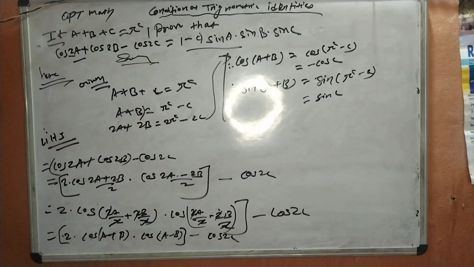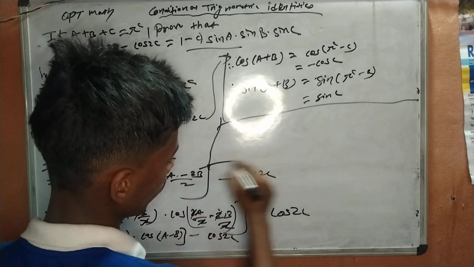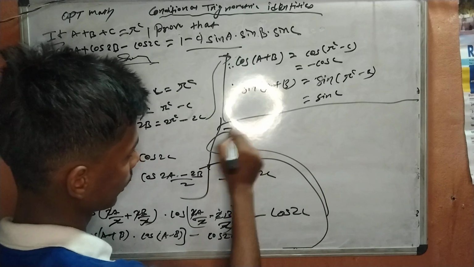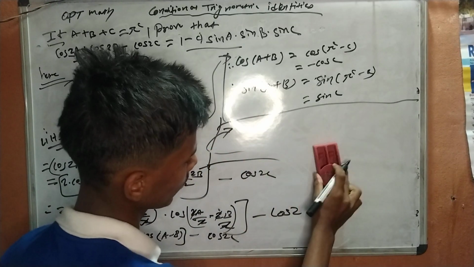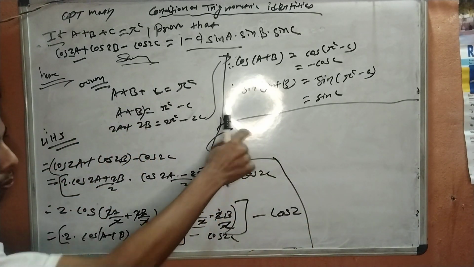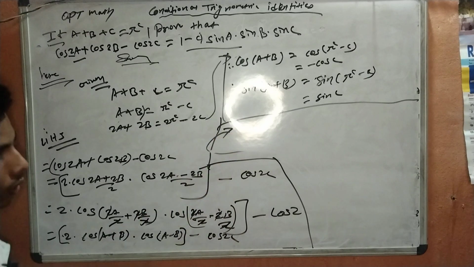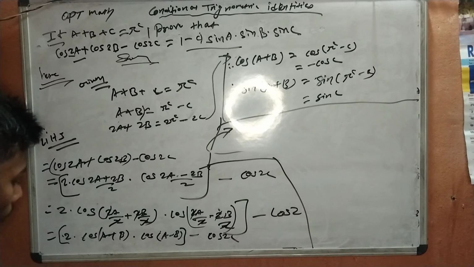Now I'm going to solve everything here. Look at this, my friends. Understand and keep in your mind that I'm going to write this step: cos a plus b or cos a minus b minus cos 2c.